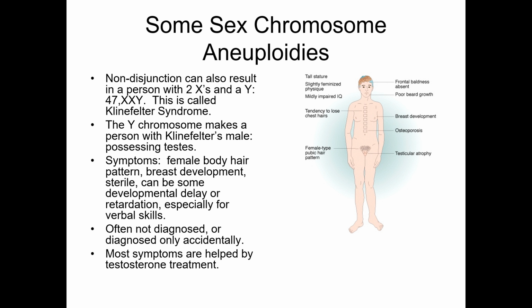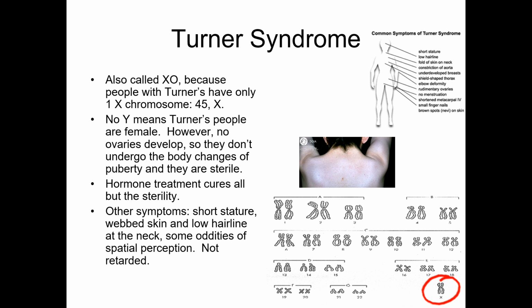Even there will be breast development. But they are sterile. Some developments may be delayed. There may be retardation. Unable to speak properly. Most of the time it has not been diagnosed. For most of the treatment, we have to treat him with testosterone hormone.